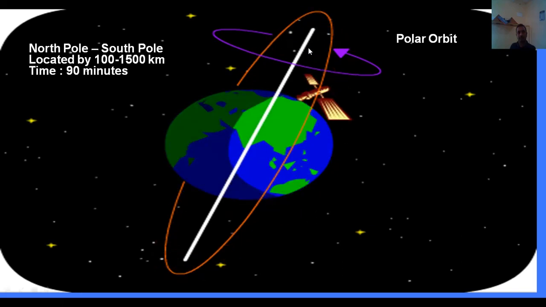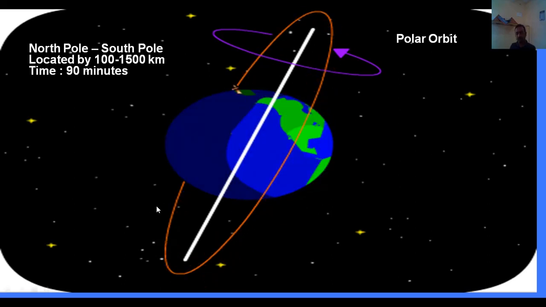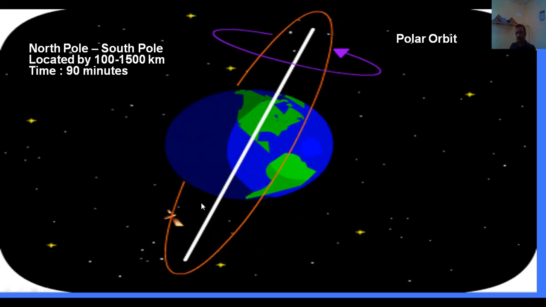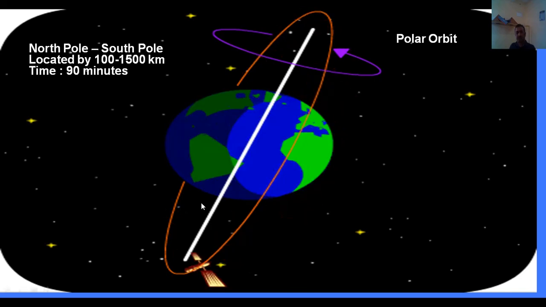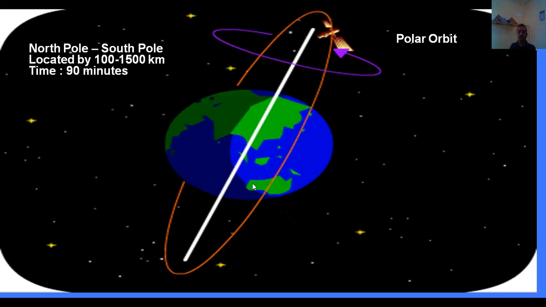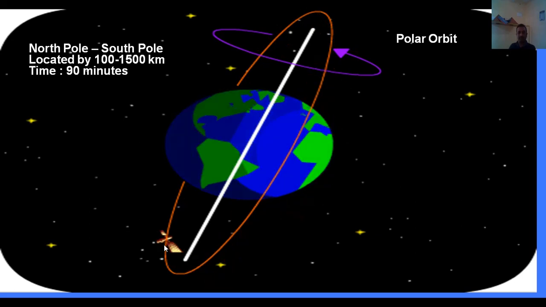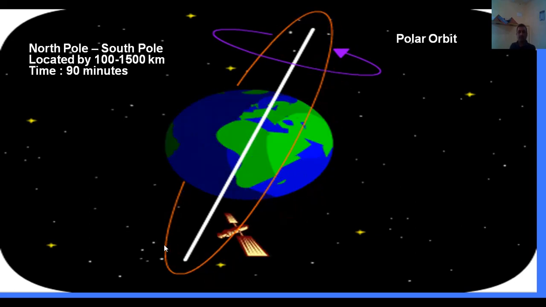It passes near the geographic poles, and around the pole this particular satellite rotates. Means from north pole to south pole, generally it rotates within 90 minutes. It rotates around the earth pole.